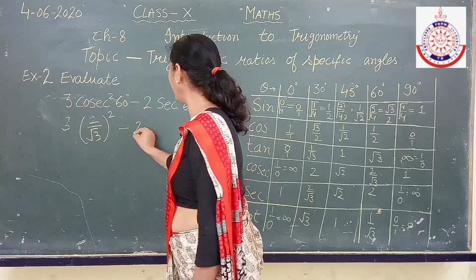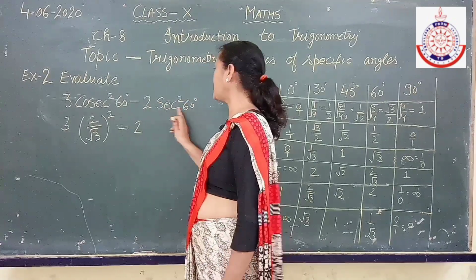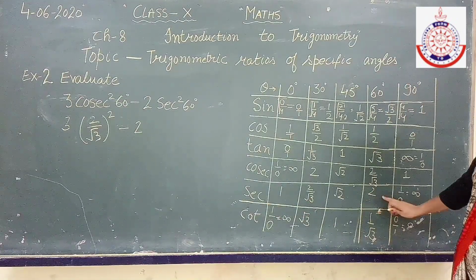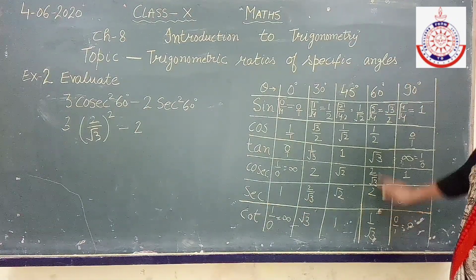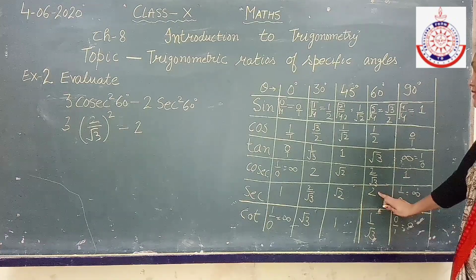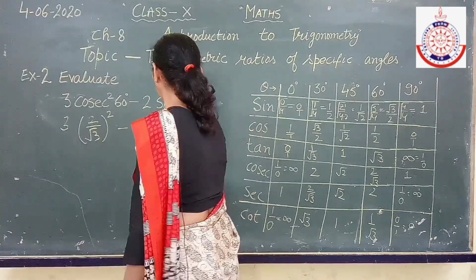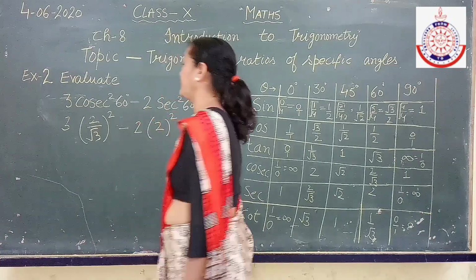Minus 2. Then secant square 60. Secant 60 is 2, so this will be 2 square.